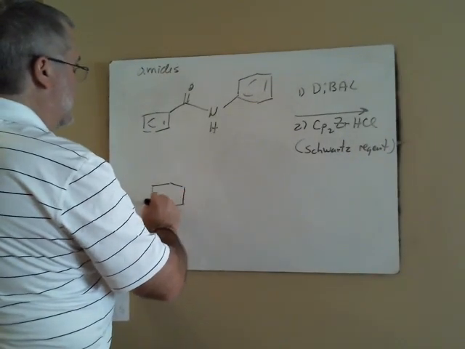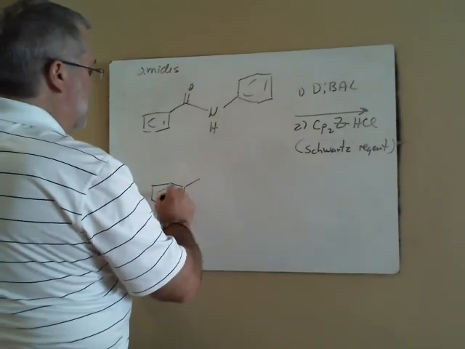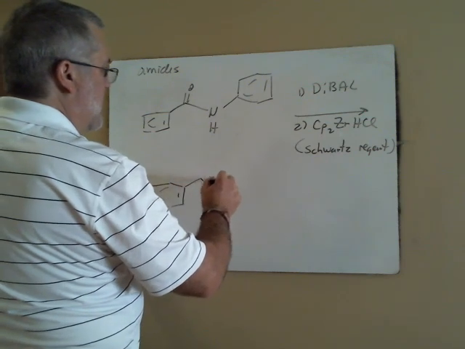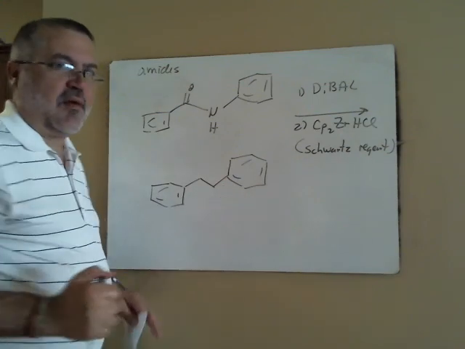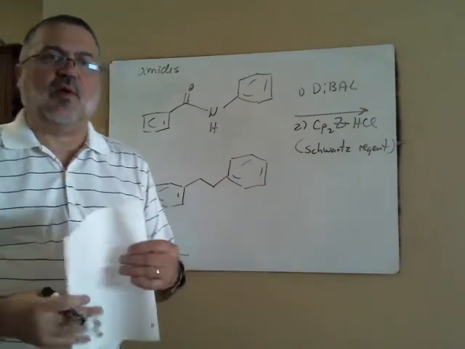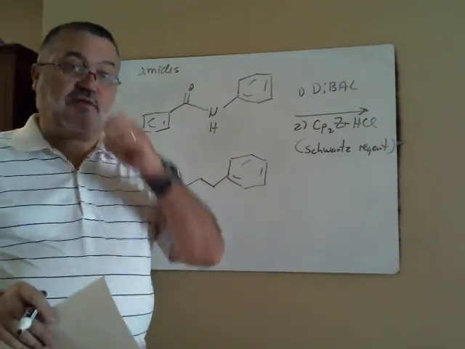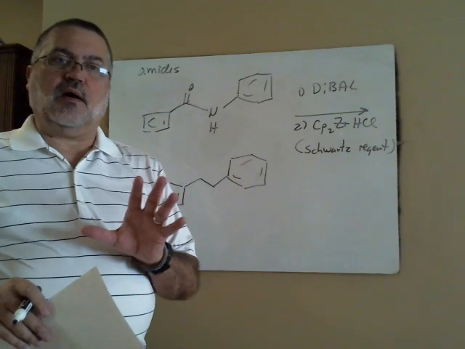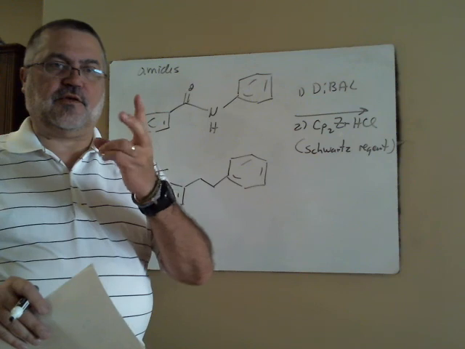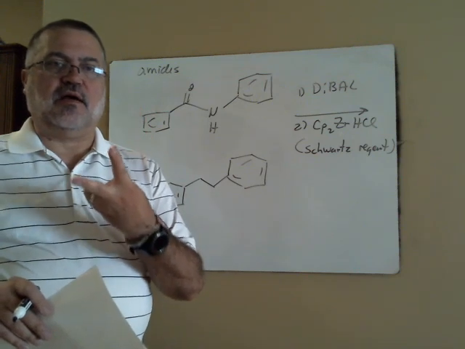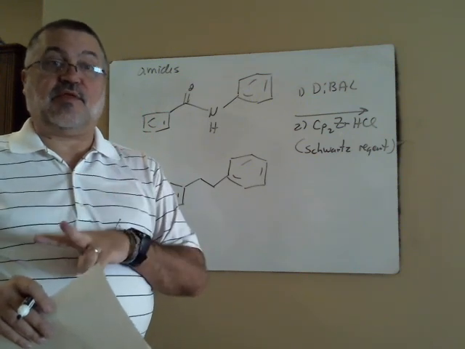a partial reduction. Now I'm going to pause dramatically for a second because, you know, I can't actually look at you in the face when I'm asking this question, but based on the mechanism we just saw for the reduction of an amide, remember we saw 2 equivalents of hydride adding and we ended up with the amine.